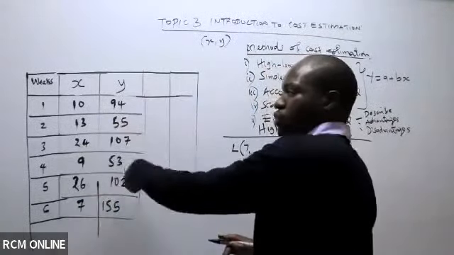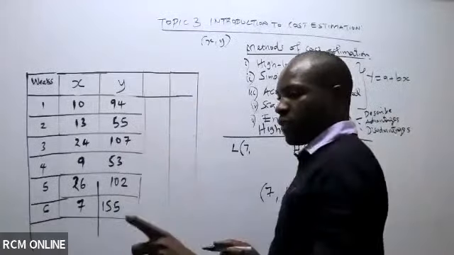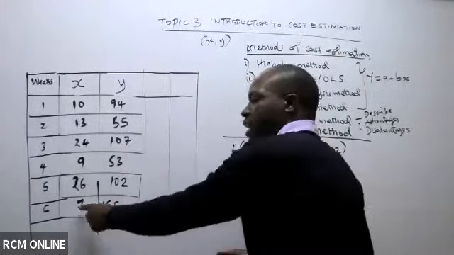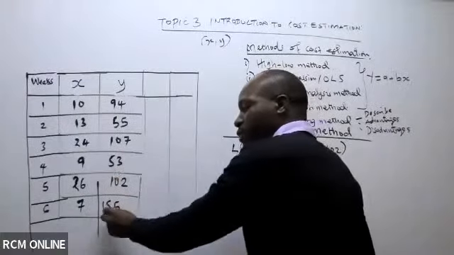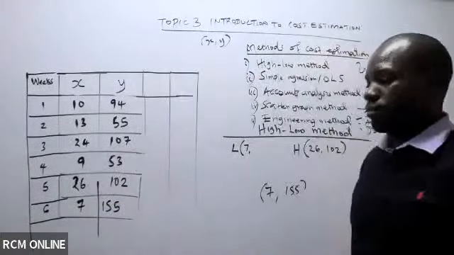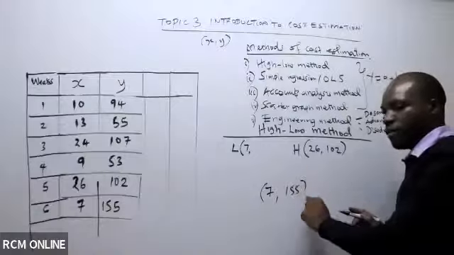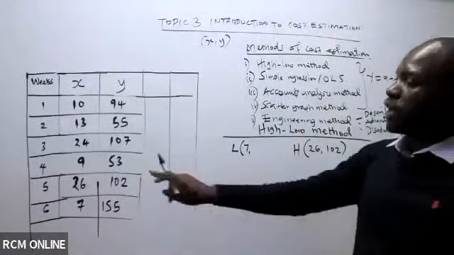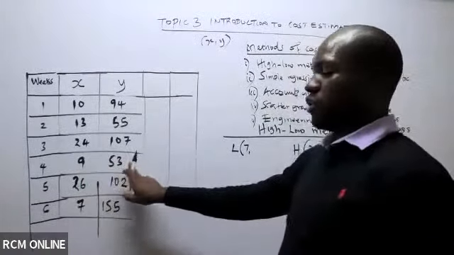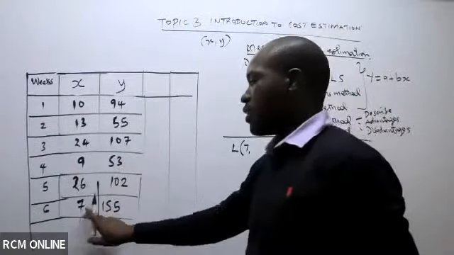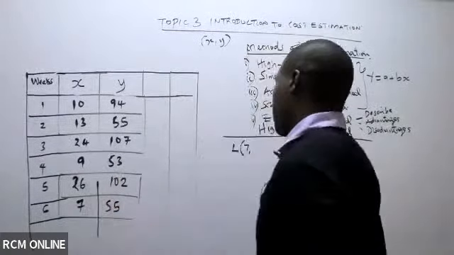That's when I will now go to column Y. But if I don't have similar figures, when 7 is the lowest and it corresponds to 155, this will be my lowest coordinates. 7,155. So that's why we cannot pick 9 and say it corresponds to the lowest here. No, we take 7 and have 55.